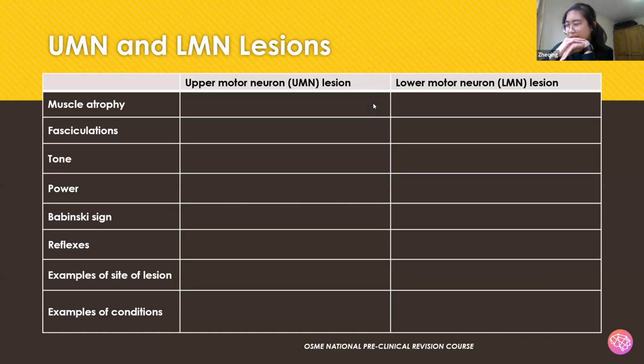Okay, good. So atrophy is in lower motor neuron lesion, but not in upper. That's very good.